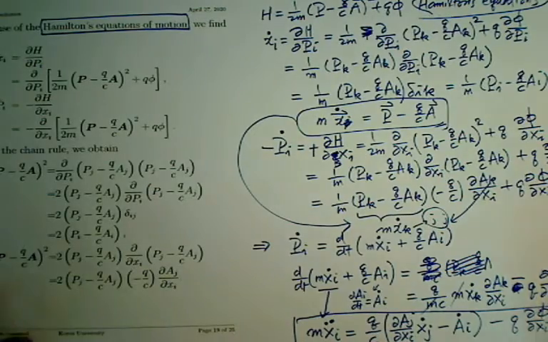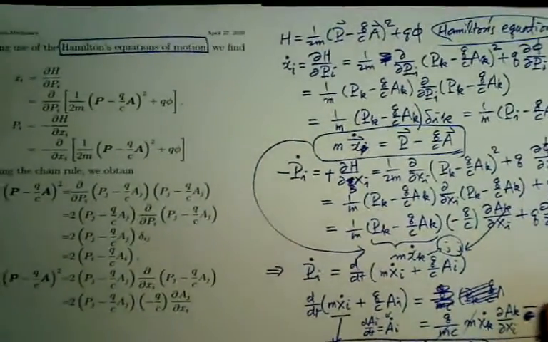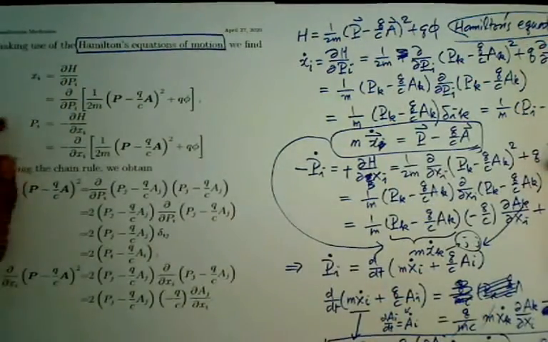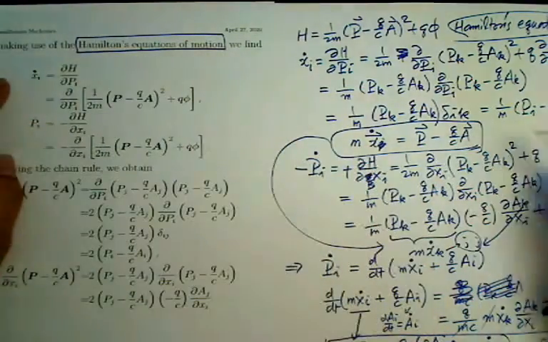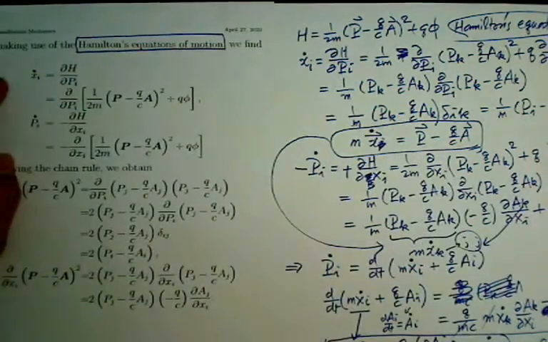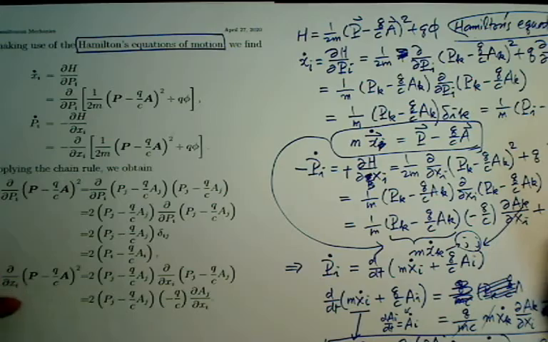Next, we consider the equation of motion, that is the Hamilton's equations of motion. We remember the coordinate's time derivative is the Hamiltonian's momentum derivative, and the momentum's time derivative is minus the Hamiltonian's coordinate derivative.